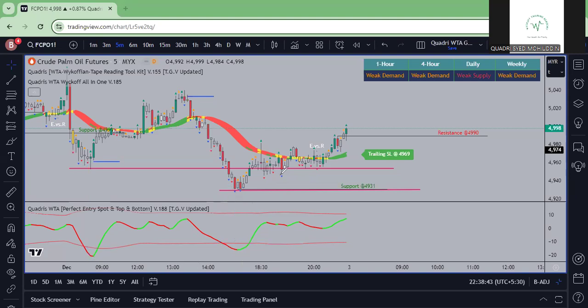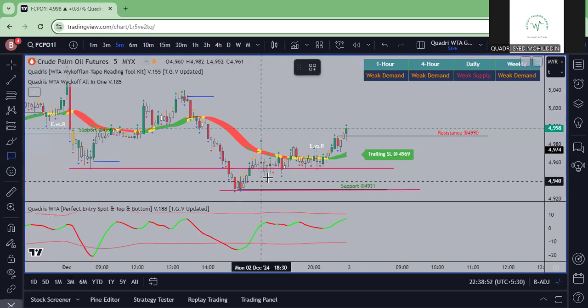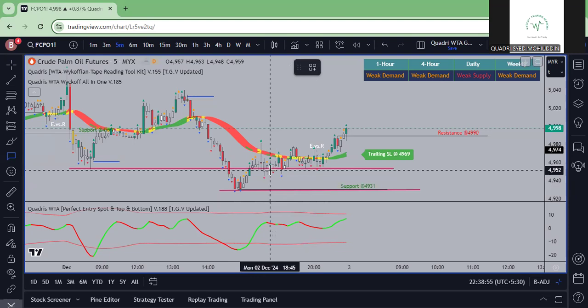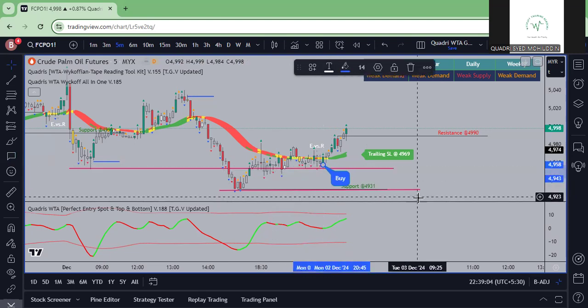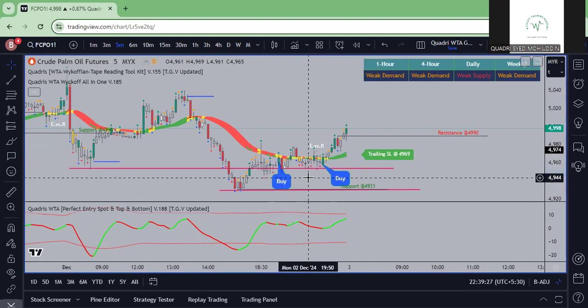Now you ask me where would I have bought? You are getting confused with labels. I draw my label based on this candle. See if this is a breakout or this is coming back into the range.